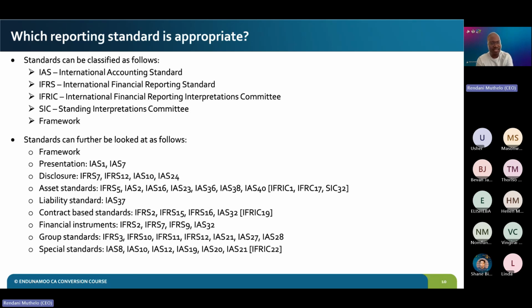That is what a disclosure standard does. So IFRS 7 will tell us what we need to do about the different financial instruments. Then IFRS 12 will say disclosure of interests in other entities. So as you can imagine, these are focused on disclosure.